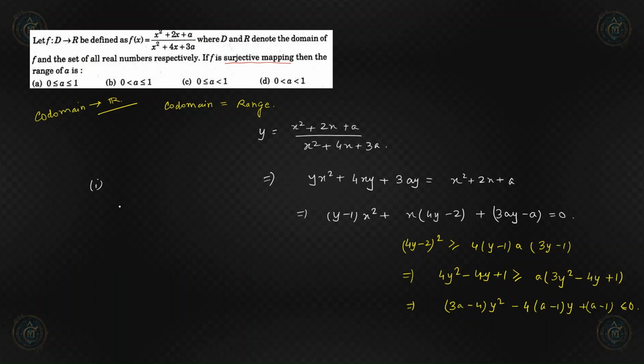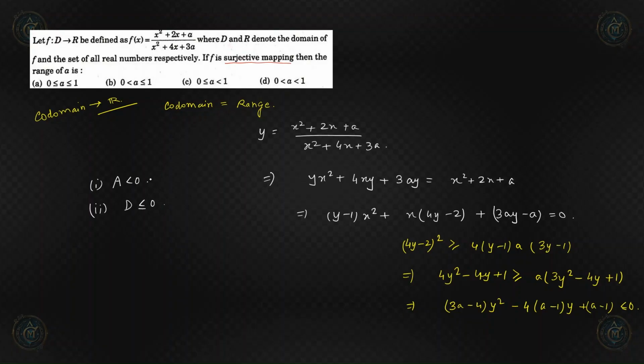We have the leading coefficient of this quadratic expression in y should be less than 0, right? So the leading coefficient is less than 0, as well as the discriminant of this quadratic expression must be less than or equal to 0. So D less than or equal to 0. So we have to satisfy these two simultaneous conditions, right?